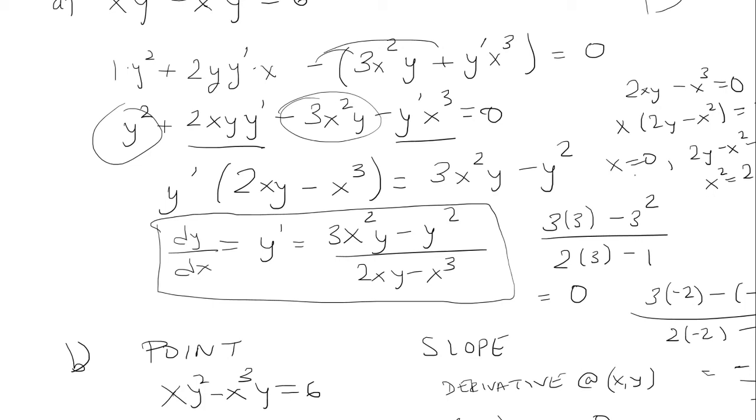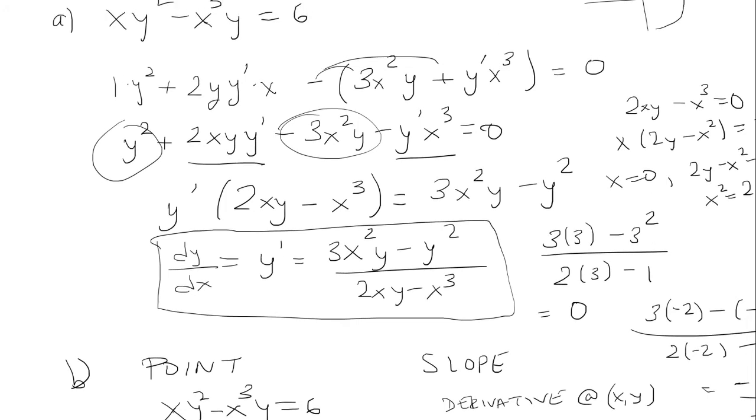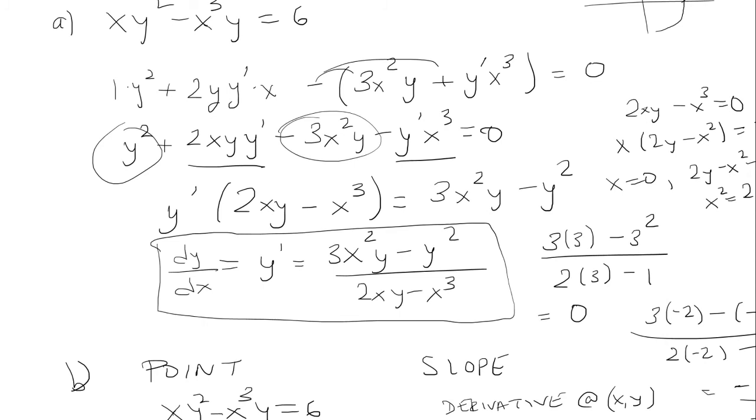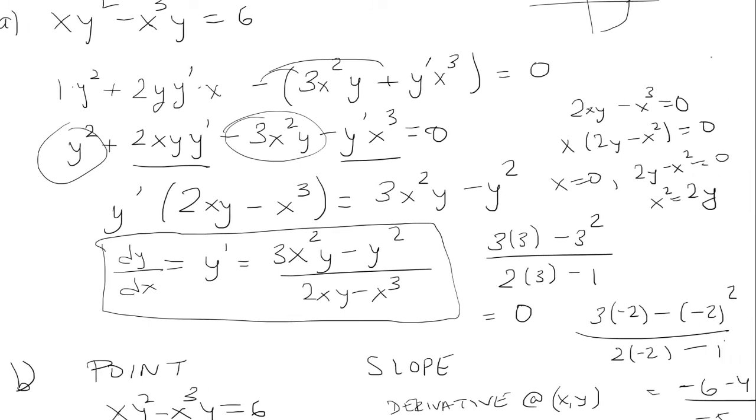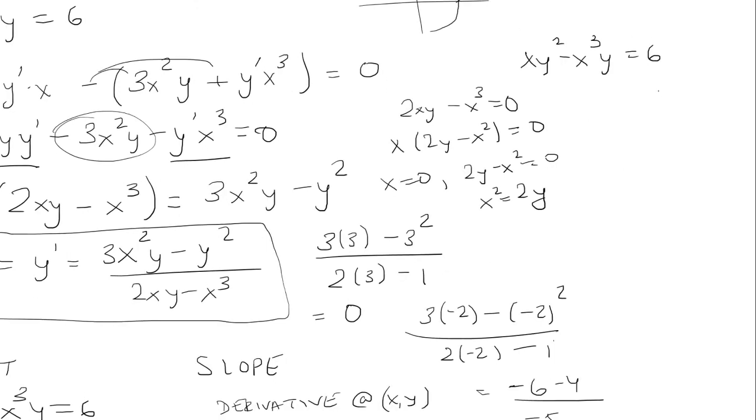So we can actually find where the point is. If x equals 0, I can find out the y value by plugging it into the original function. So the original function was xy squared minus x cubed y equals 6. We said x is 0.